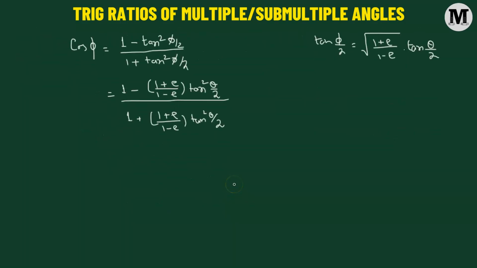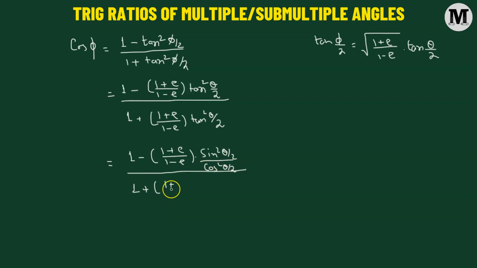Okay, fine. Now we'll convert the tangent function to the equivalent ratio of sine and cosine. We get 1 minus (1 plus e) over (1 minus e) multiplied to sine squared theta over 2 over cosine squared theta over 2, whole divided by 1 added to (1 plus e) over (1 minus e) times sine squared theta over 2 divided by cosine squared theta over 2.